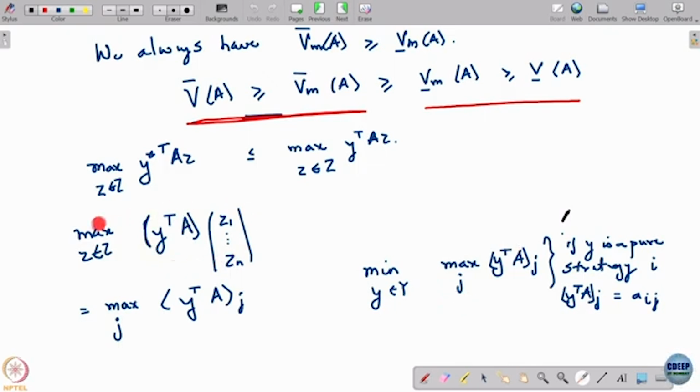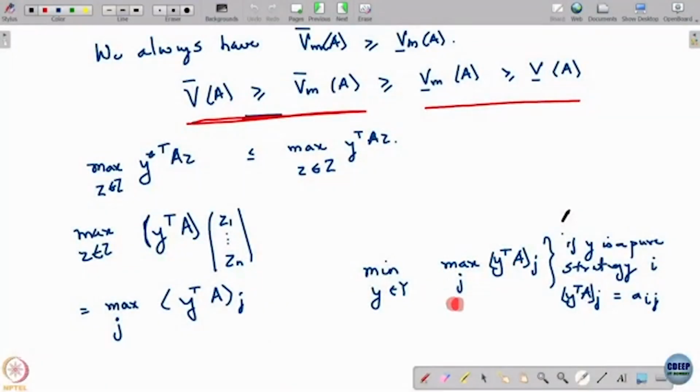This expression here was linear in z. For a fixed y, it was linear in z. So therefore, you had to just find the coefficient with the largest value and give that the full weight. Whereas this here is not linear in y anymore.